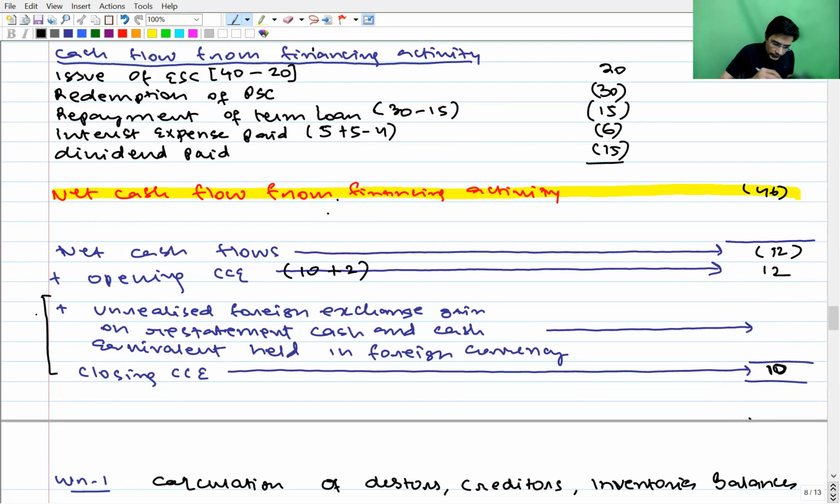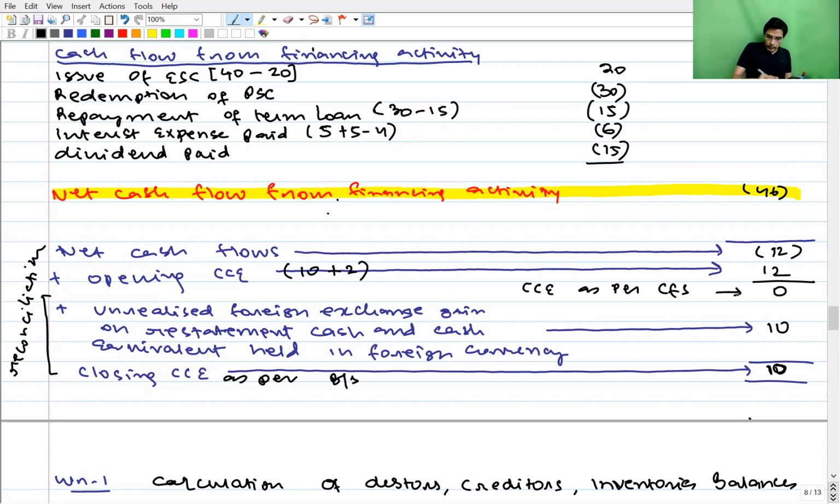So 0 plus 10 gives you 10. This is our CC as per cash flow statement. And with 10 added, we get closing CC as per balance sheet. So this part becomes reconciliation.